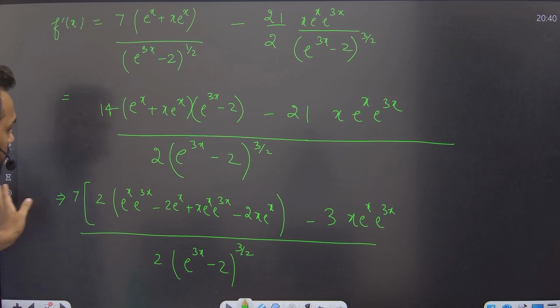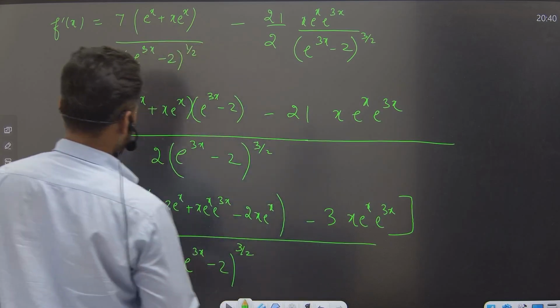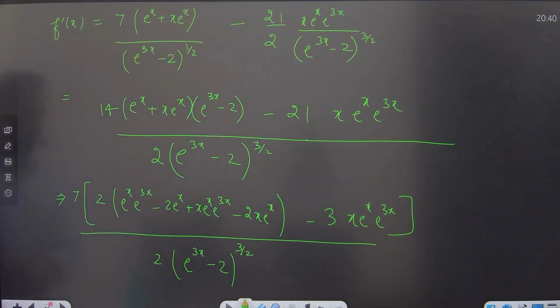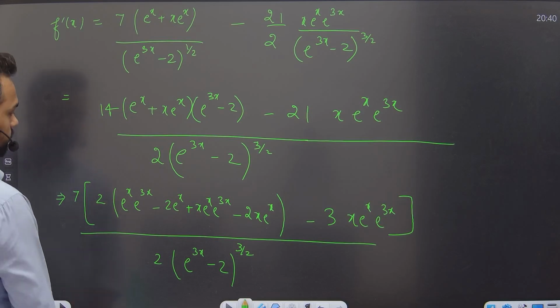In the whole expression, in the numerator part, student, this will be the closed bracket here. In the numerator part, what we can see as common is e power x. So we'll take e power x common as well.